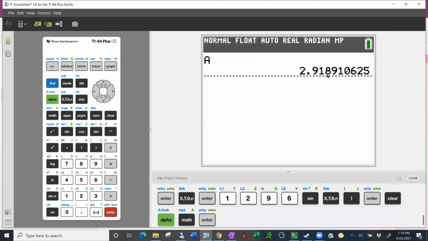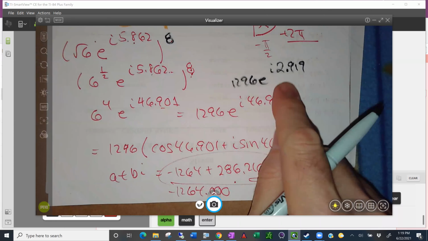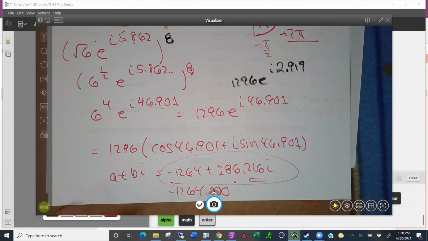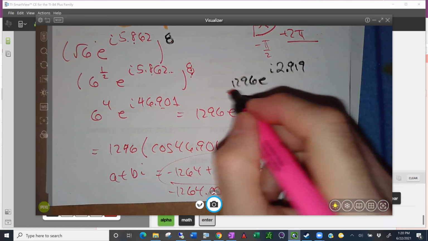That's right. So in exponential form, it'd be 1296 e to the i times 2.919. And hopefully you don't forget the i, because without it, then it's wrong. But that would be your exponential form right here.